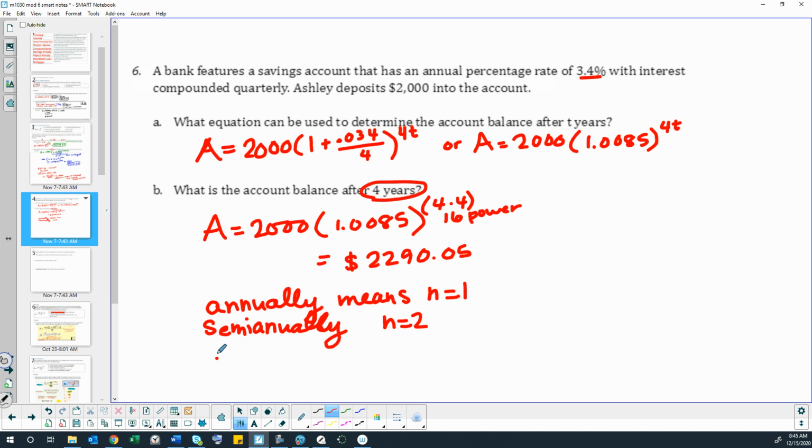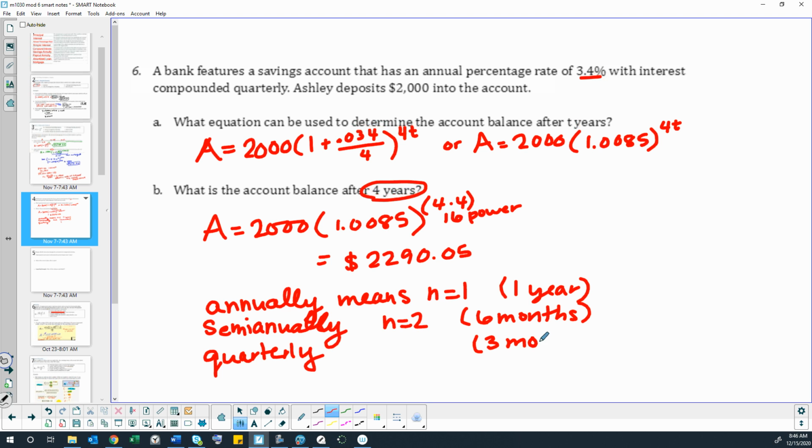Okay, let's do quarterly. Or instead of saying these types of words, they might say every 3 months, and that would be quarterly, right? Or every 6 months. And that would be n equals 4.